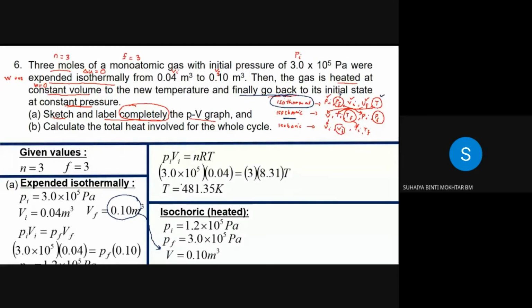We start and continue with isothermal. So this one is the initial. Then T final, calculate T final.